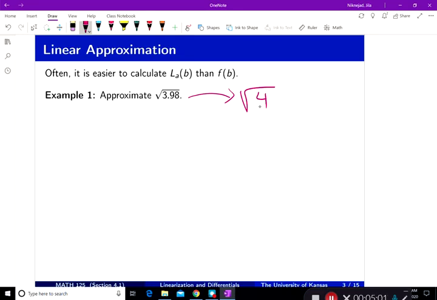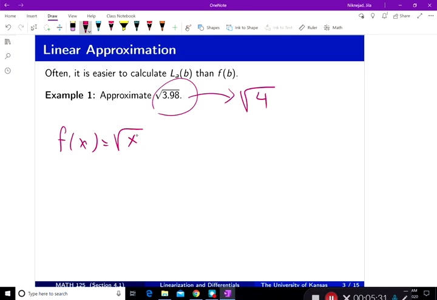Now, as I'm writing square root of 4, I realize that in grade school, I used a function to approximate that. This is literally a function, and you plugged in 3.98. So what's that function? It's f of x equal to square root of x. In grade school, we use just the value of the function at a nicer point to approximate.